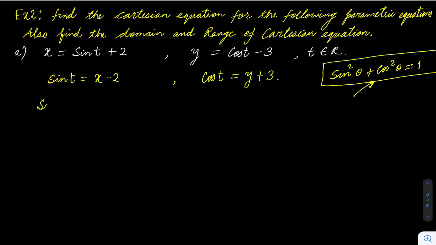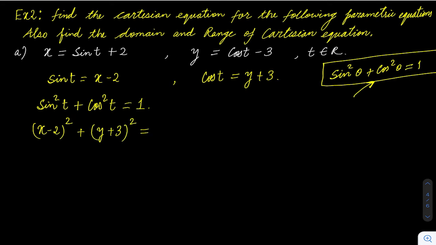And then I will simply say sine square t plus cos square t is 1. So it means x minus 2 whole square plus y plus 3 whole square is 1. So this is my Cartesian equation.